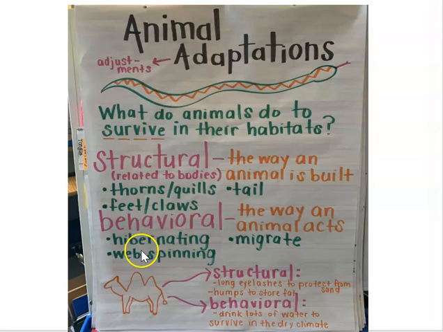So hibernating, web spinning, migrating. And so we have structural and behavioral, and here is an example with a camel. So long eyelashes to protect from sand, humps to store fat, and for their behavioral, they drink lots of water to survive in the dry climate.